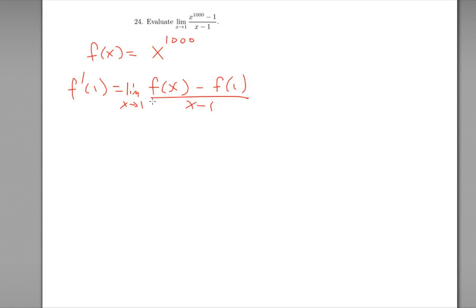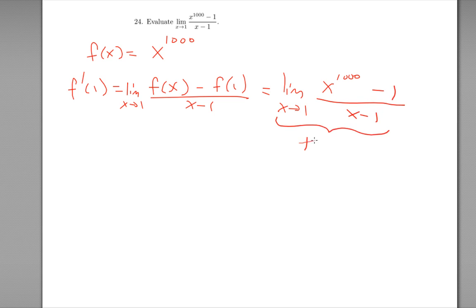This is the derivative of my function at x equals 1. And if I look at this, this looks very familiar. This is the limit as x goes to 1 of, what is my function? x to the power of 1,000, minus what is my function at 1? When I plug in 1 into this, 1 to the power of 1,000 is 1, divided by x minus 1.